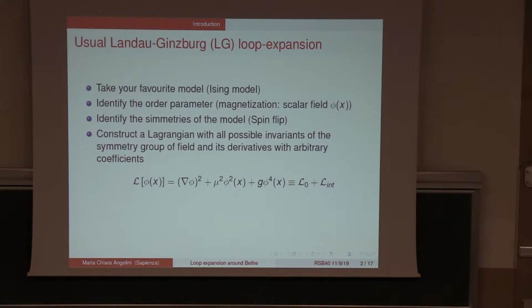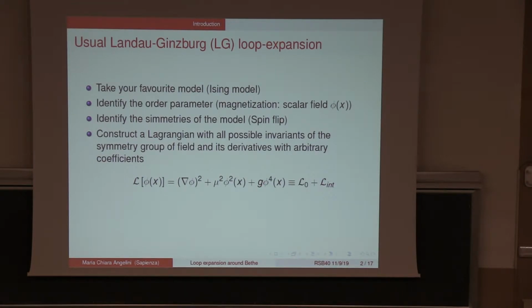Okay, so for the Ising model, the Ginzburg-Landau Lagrangian is this one. You have a bare Lagrangian, these two terms, and then you have a quartic term with a coefficient g. You can study what the bare Lagrangian gives you by putting g equal to 0.